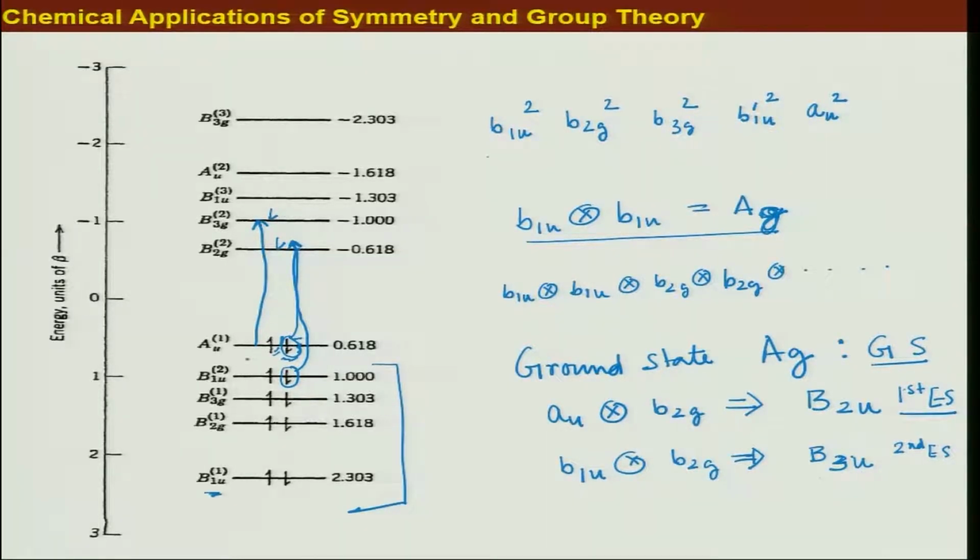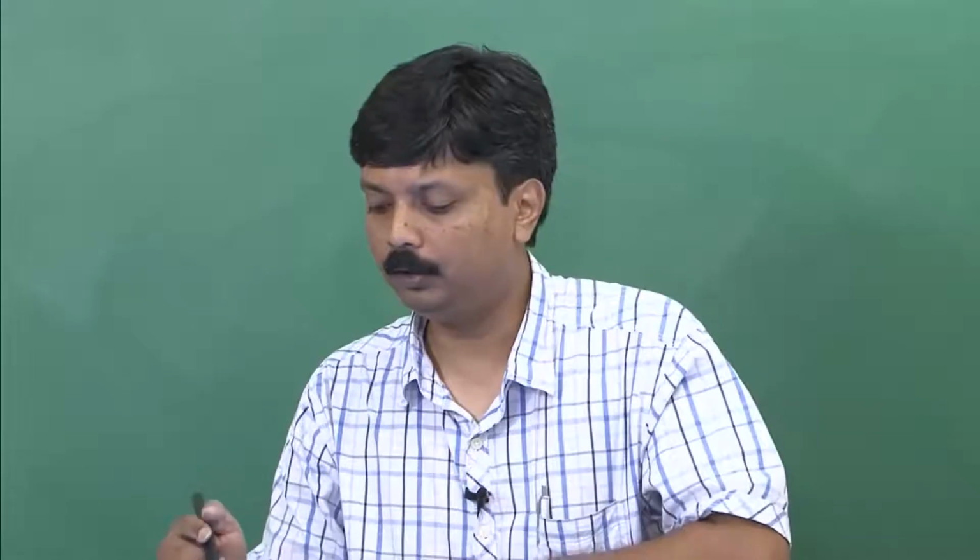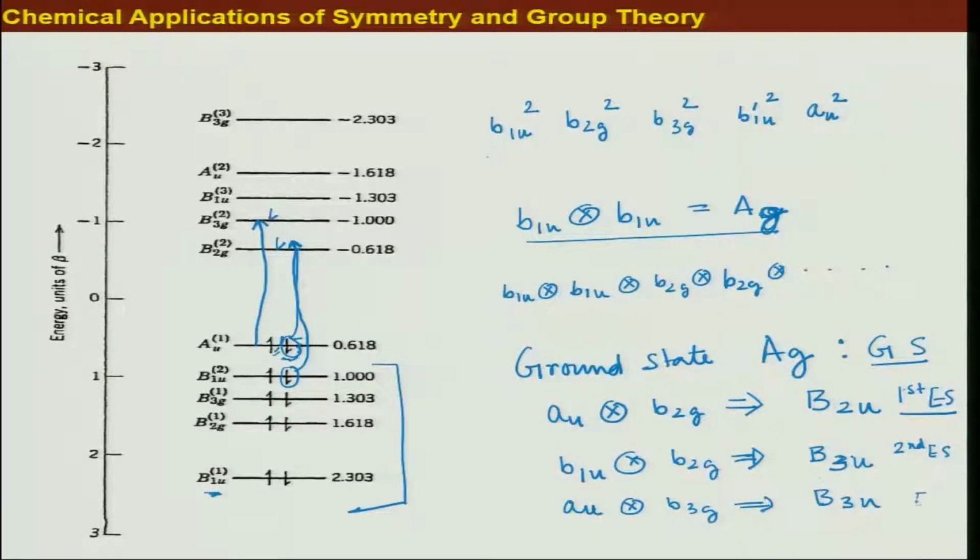So for this particular transition from AU to B3G, the symmetry of the state will be obtained by taking a direct product of AU and B3G. And here, after doing this, you will see that this corresponds to again B3U symmetry. Okay. So you can say that this is also almost degenerate with the previous excited state that we got.